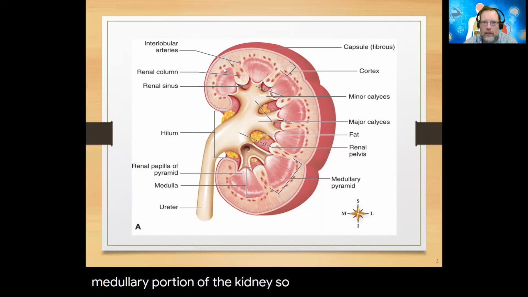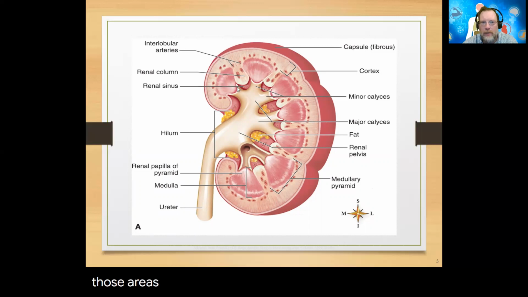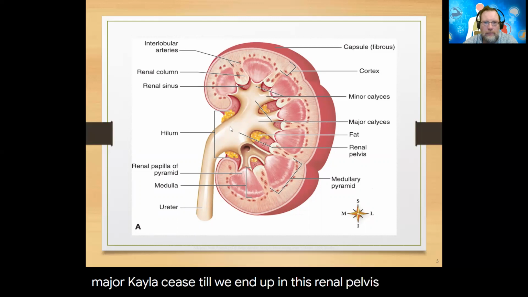So again, cortex is more superficial than medullary. Within the medullary region, we are going to find the loops of Henle, but we're also going to see those areas as being where the urine is initially collected and dumped into these minor calyces, and then the major calyces, till we end up in this renal pelvis area.